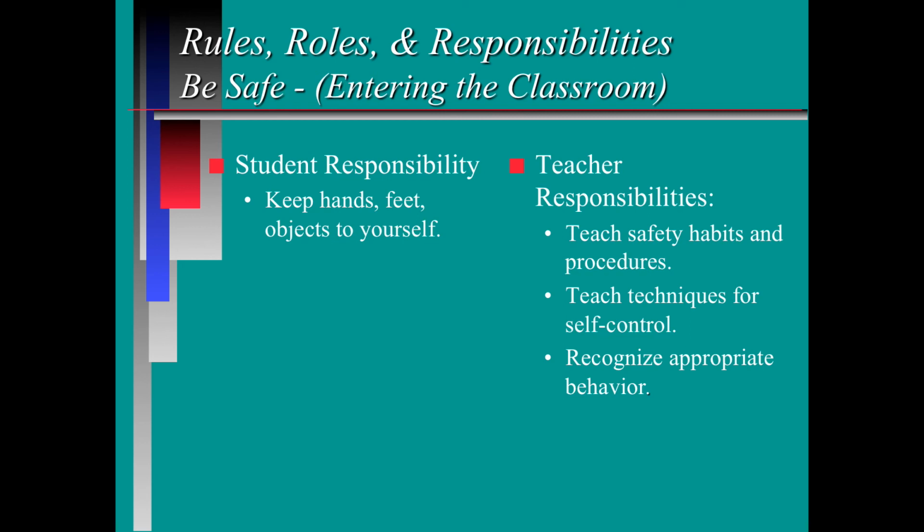And finally, the teacher's responsibility is to recognize appropriate behavior. So, as I look at this, it's not just that we want to define what the student will do. It's also important to keep in mind what is the teacher's responsibility within the context of that rule, that setting, and what we're asking students to do.